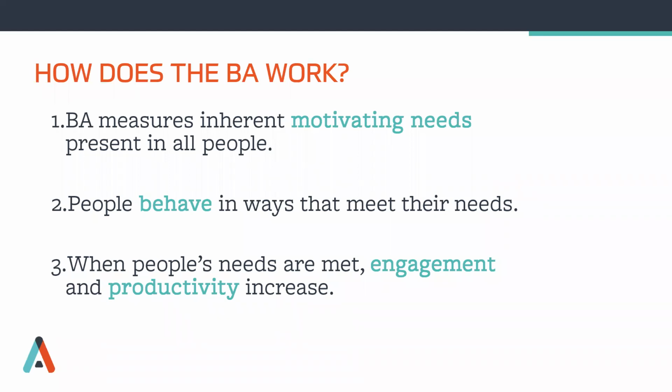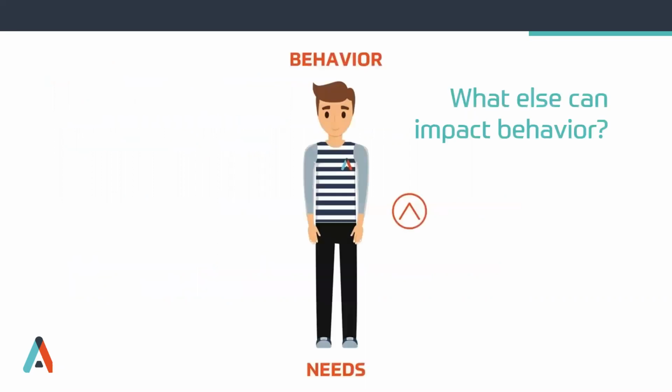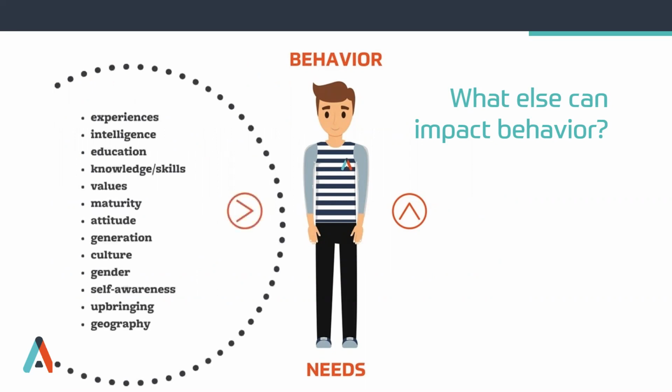So I want to zoom in really quickly on that second point: people behave in ways to get their needs met. There are other factors at play that we want to make sure we're mentioning here. The list of what you see here, we can think of as filters that live on the line between needs and behaviors that are going to shape how people sometimes choose to show up.